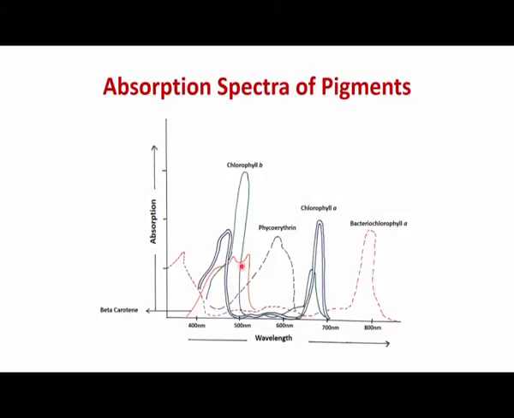If you put it into blue light, beta carotene is going to absorb that light maximally and then transfer that energy to the chlorophyll. Although chlorophyll absorbs maximally in the red region, even if you are not providing the red wavelength, it will take up the energy from the beta carotene, which is present in the vicinity in the chloroplast, and run the photosynthesis process.